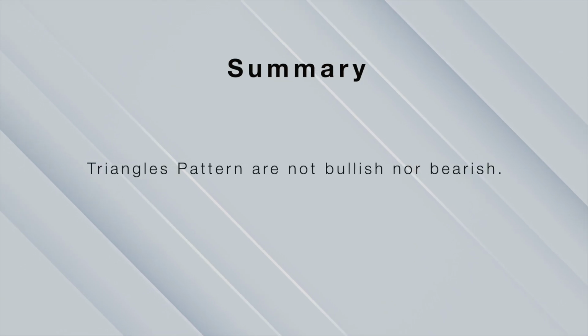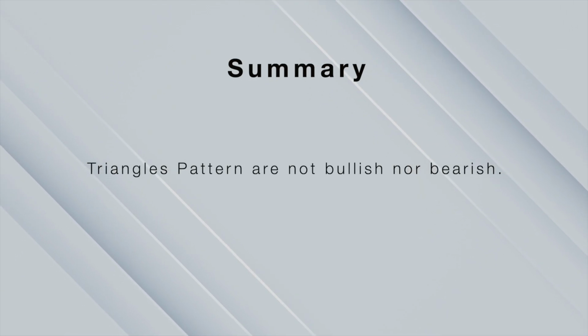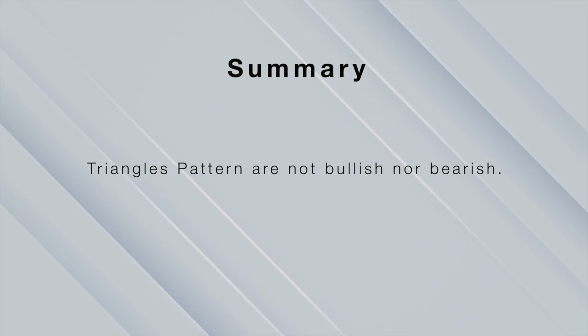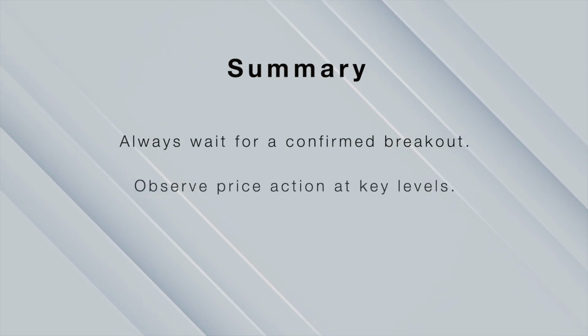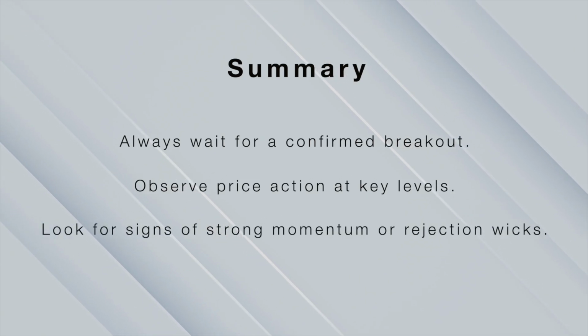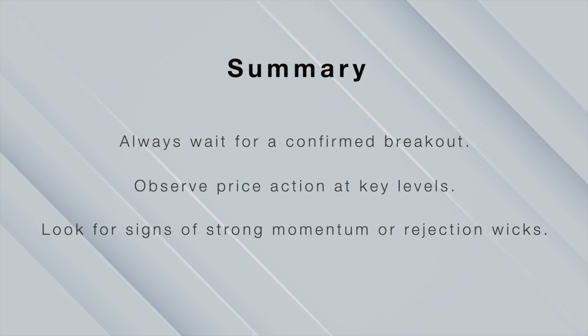It's important to understand that triangle patterns are not inherently bullish or bearish. They do not predict the future. Instead of trying to predict direction, always wait for a confirmed breakout. Observe price action at key levels. Look for signs of strong momentum or rejection wicks. Only then should you consider entering a trade.